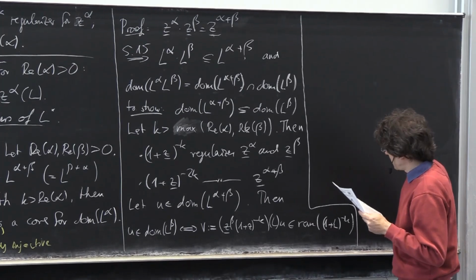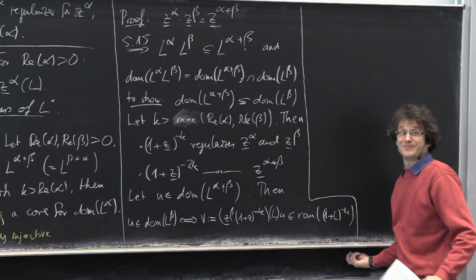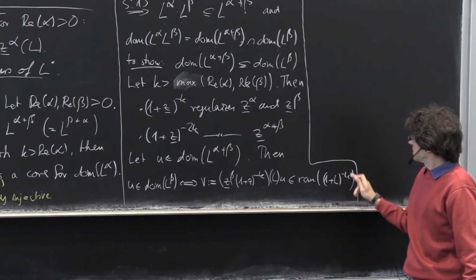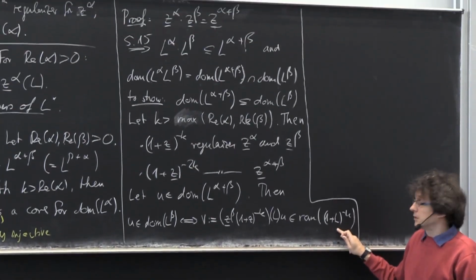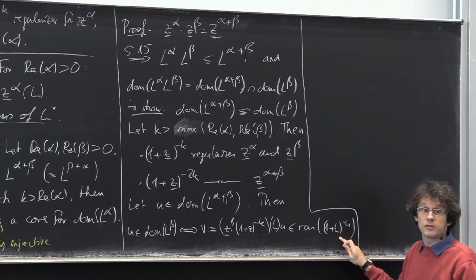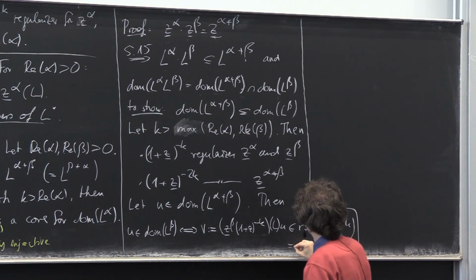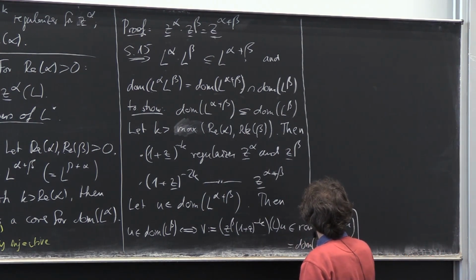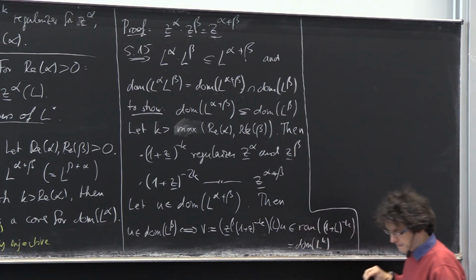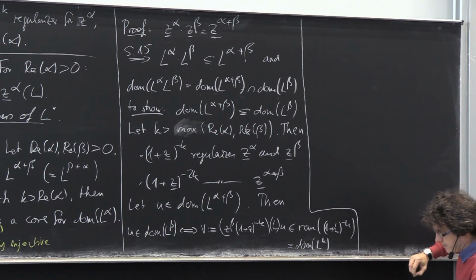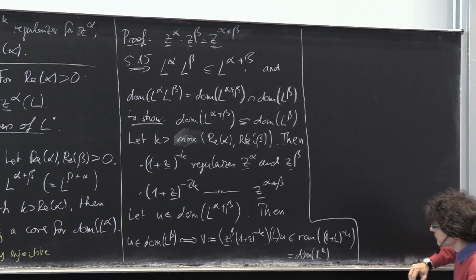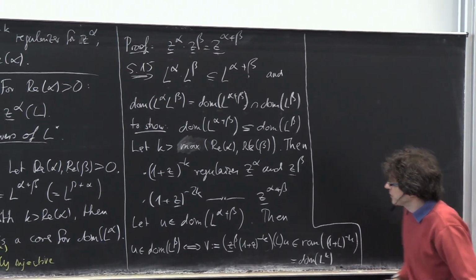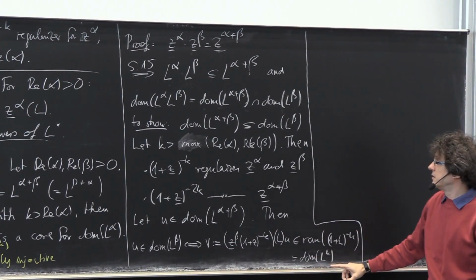Note that we know what this range is. Yeah? This is a resolvent of L. So what is the range of a kth power of the resolvent? This is just the domain of L to the k. So we want to show that this V is in here.